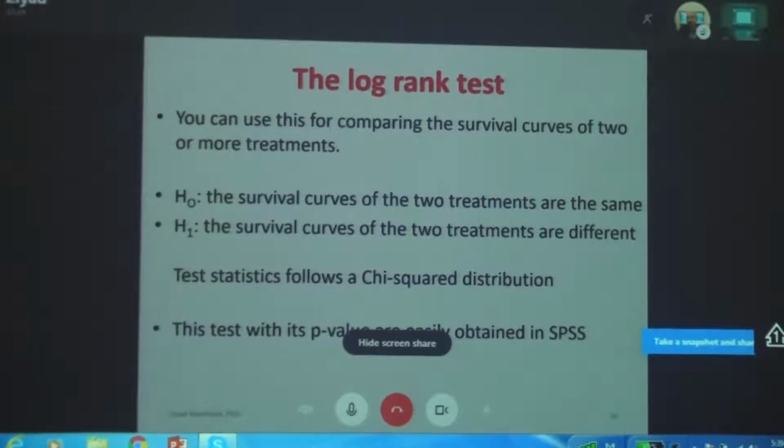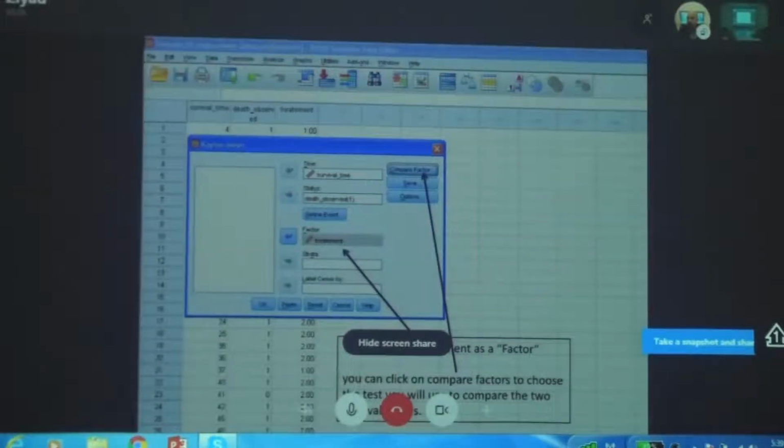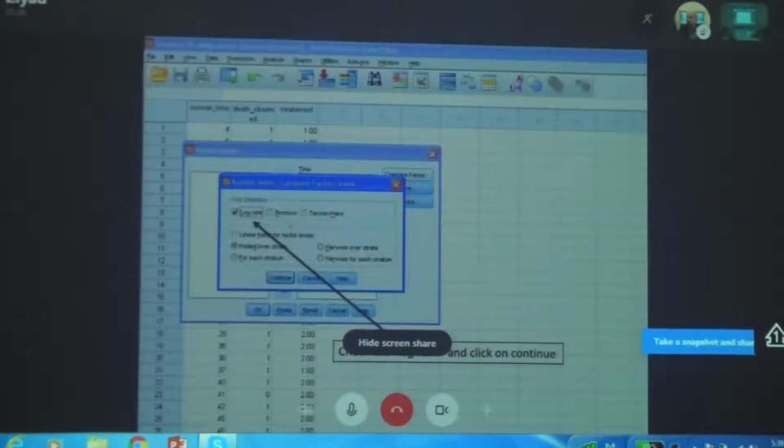We usually call it a non-parametric test. It's probably the most used one in survival curves. Although SPSS can provide for you another test, the Breslow test or the Tarone-Ware test. Now the Breslow test is different than the log-rank test.